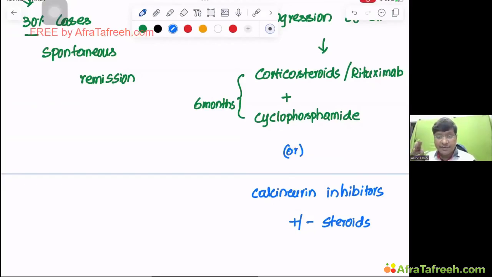We have discussed that we have two forms, primary and secondary. Primary is where the antibody is formed against your phospholipase A2 receptor, which is the antigen present on the glomerulus.